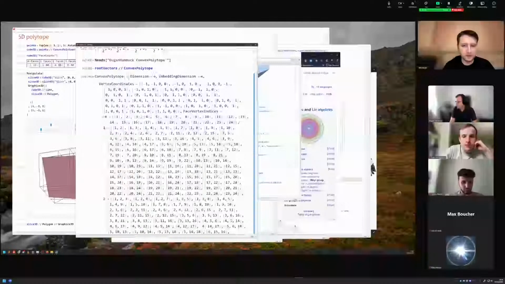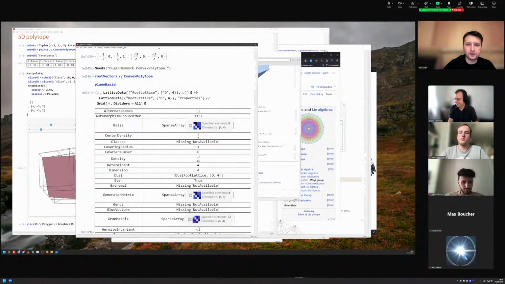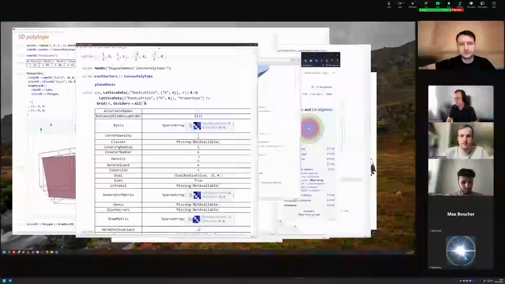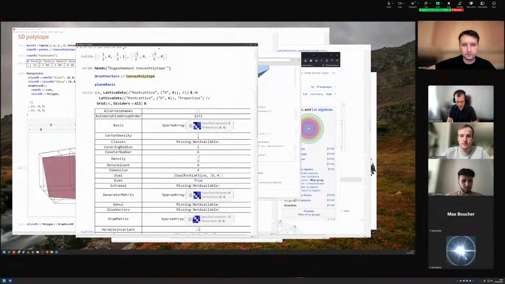Everything's still blue. Anyway, okay, let's see. Root vector polytope D4.